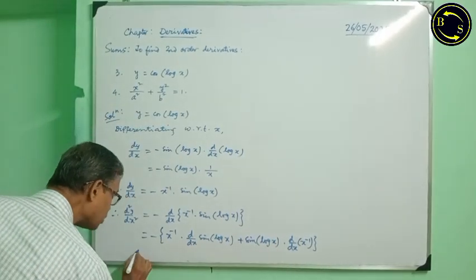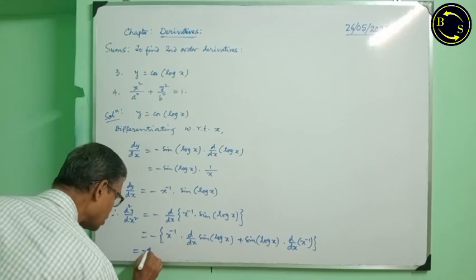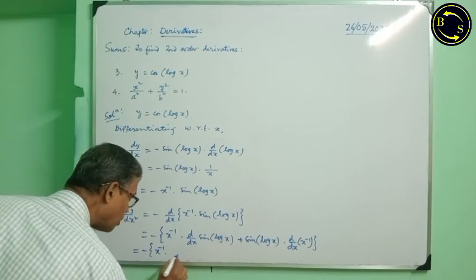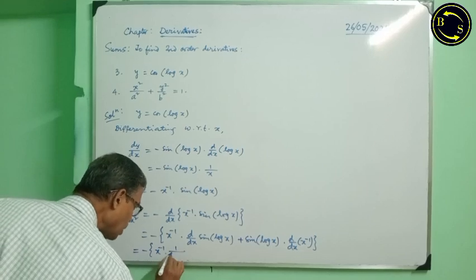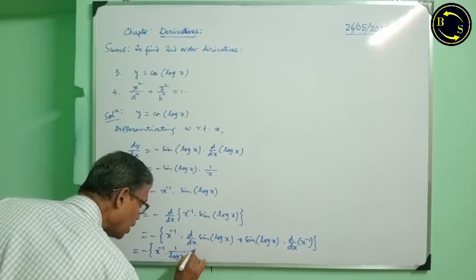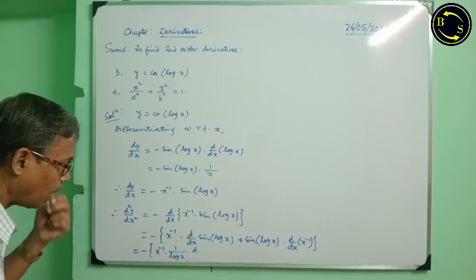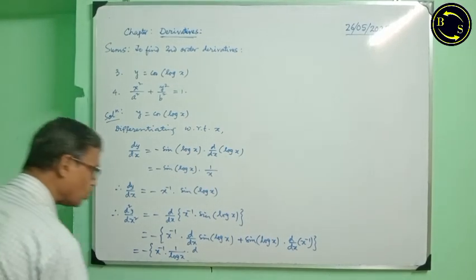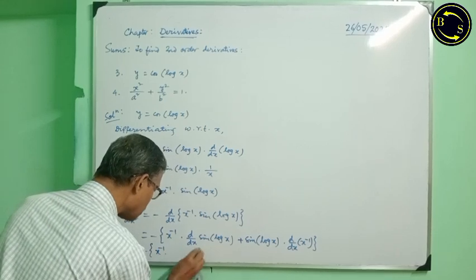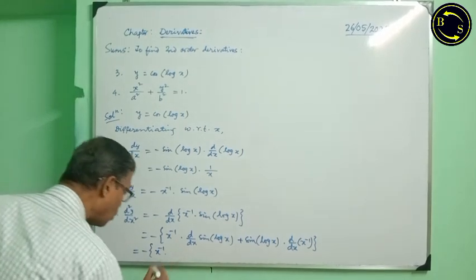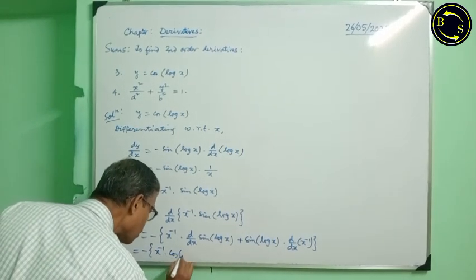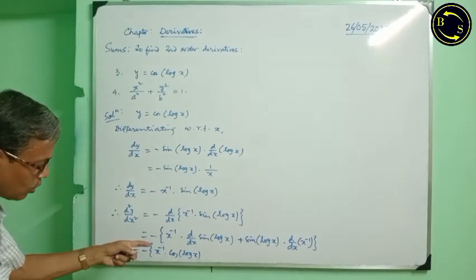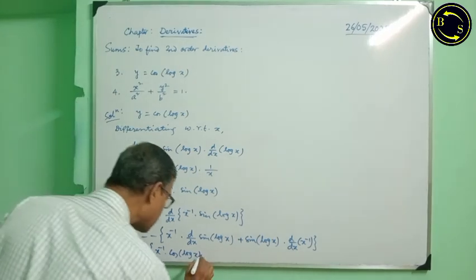Now we calculate minus x to the power minus 1, then the derivative of sin of log x will be cos of log x, sin u form, cos u into d/dx of log x.